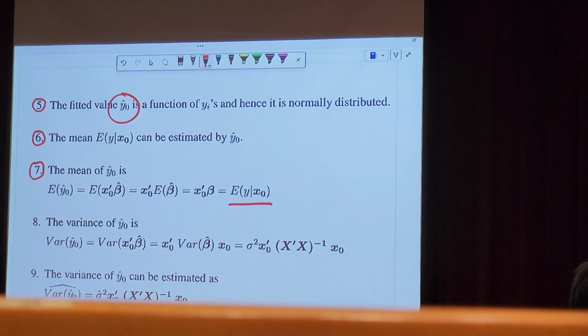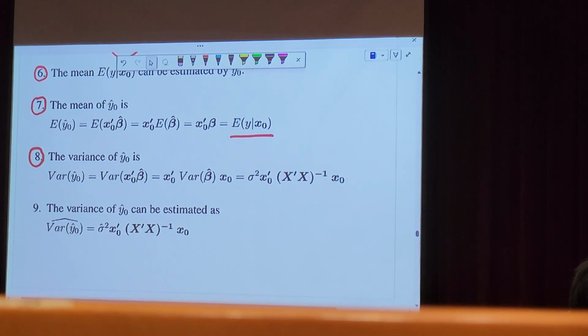Now in item 8, I should now try to find the variance of y naught hat. You see, we are using y naught hat to estimate the mean response. So we need to know the mean, we need to know the variance. I have given you some formulas on operating on variance of matrices. So the way to do it is you have x naught prime, x naught, and the variance.